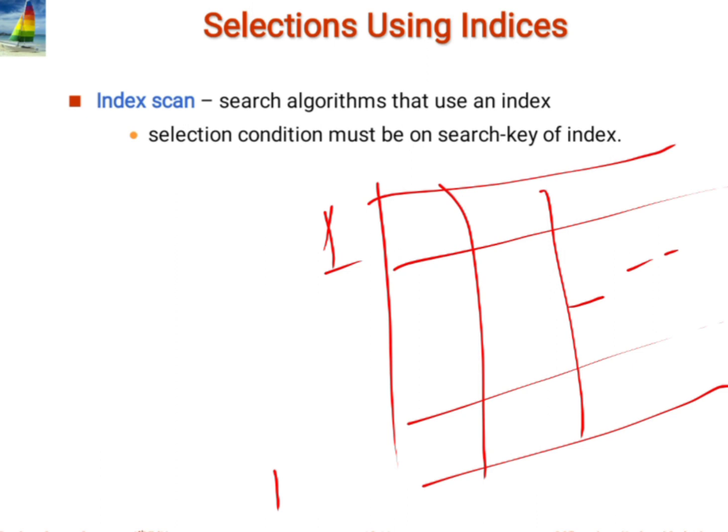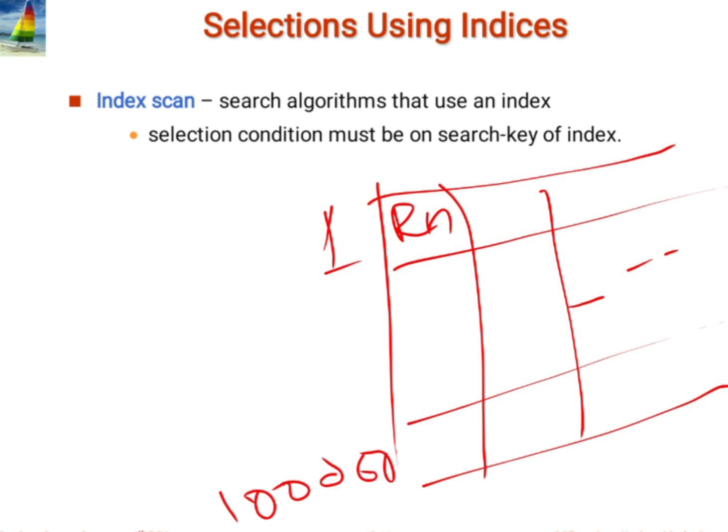I am having 1 lakh entries, right? This much big table is there, right? Suppose I am having only roll numbers.